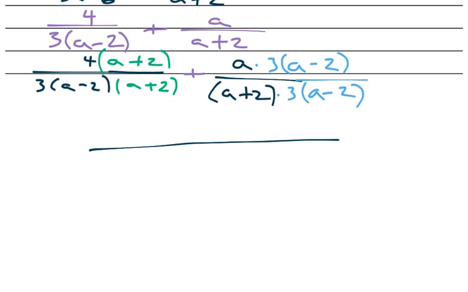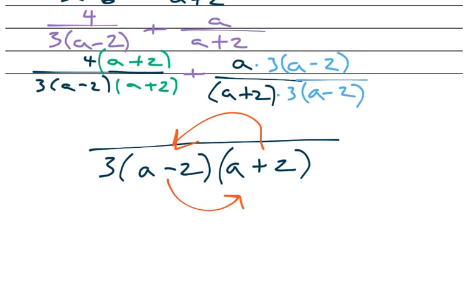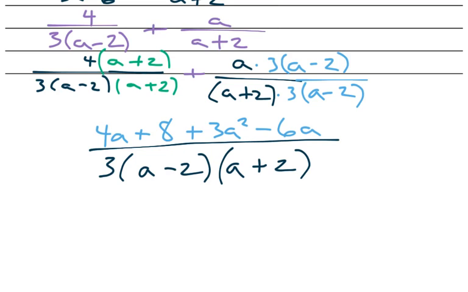So I'll write a large fraction with 3a minus 2, a plus 2, and obviously order doesn't matter here if you end up switching them around. In the numerator, I will distribute 4 to a and 2, and then I will distribute 3a to a, and I can do that in a single step now, and then write minus 6a as this 3a hits that 2.